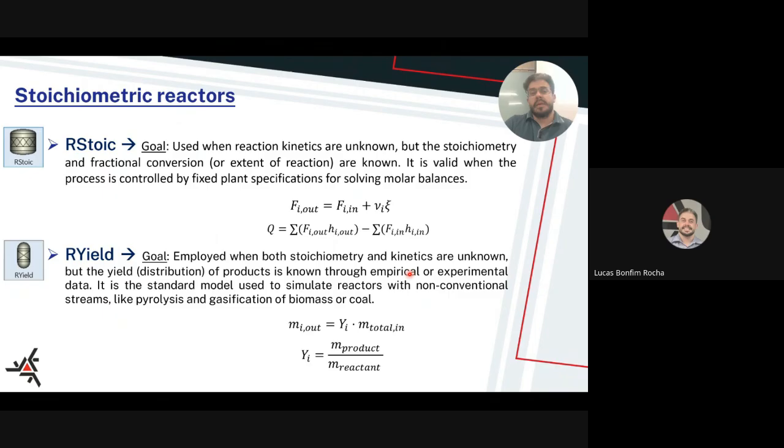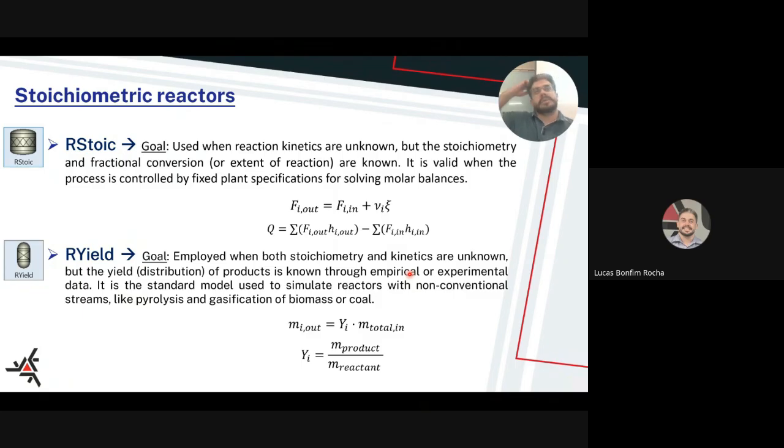In this case, it's the standard model used to simulate reactors with non-conventional streams, and we are going to talk about non-conventional streams in your next classes, maybe in class 3 or class 4, and specifying solids in that stream or pseudo components. Also, we have cases with non-conventional streams, like a process for pyrolysis or gasification of biomass or coal, for example.